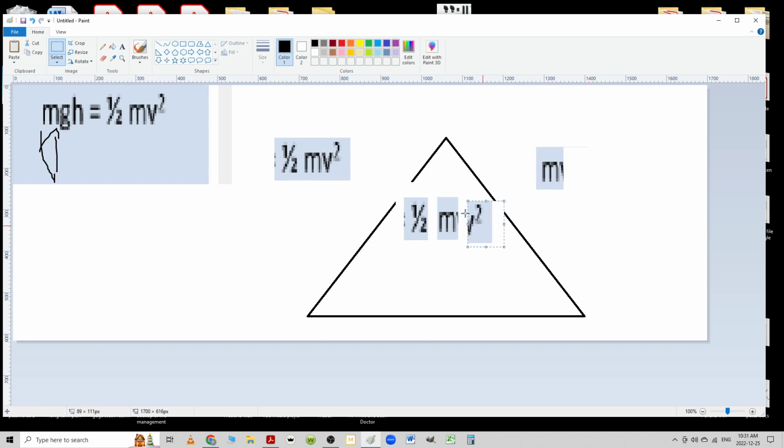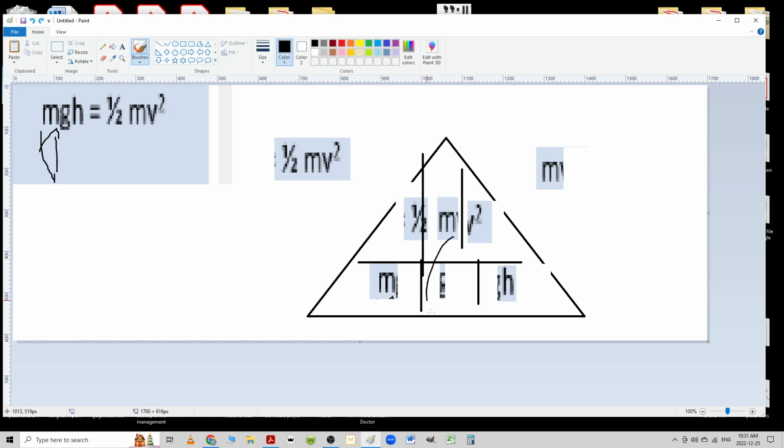And then the rest of your stuff, M, G, H, would be divided at the bottom like that. And then you just draw your pyramids and your division lines, which means mass is equal to half times m v squared divided by gravity times the height.